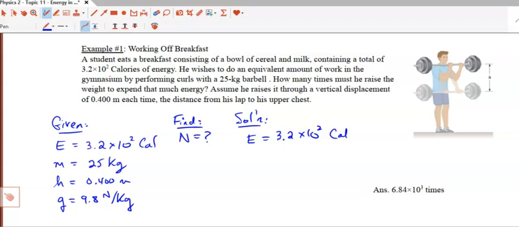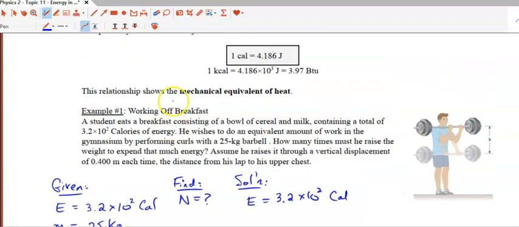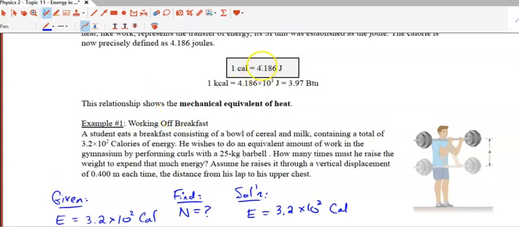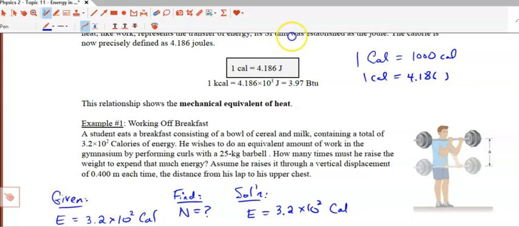So just looking a little bit above here, you'll see that a calorie here is 4.186 joules, but that's not a food calorie. By the way, a food calorie, which we write with a capital C instead of a small c here, is equal to 1,000 little calories. So if 1 calorie is 4.186 joules, 1 food calorie is essentially 4,186 joules.